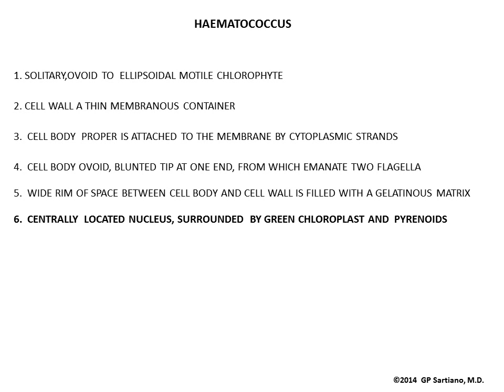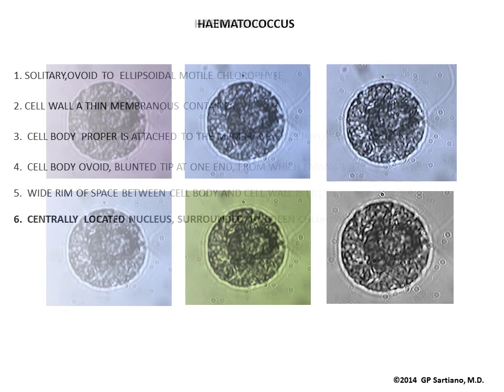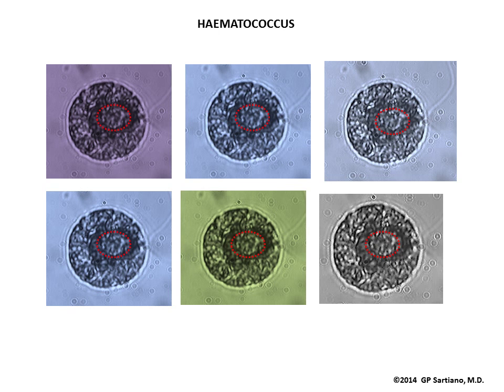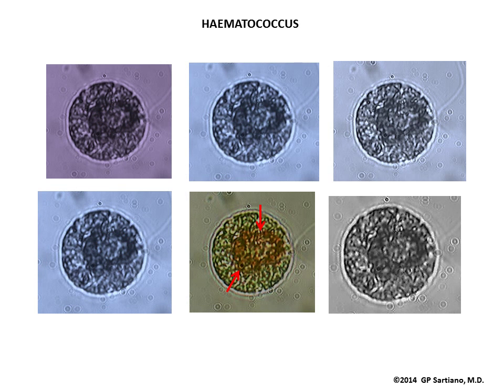It is surrounded by a green chloroplast with pyrenoids. It should be noted that the reddish pigment which these cells can accumulate in sunlight does not involve the nucleus.